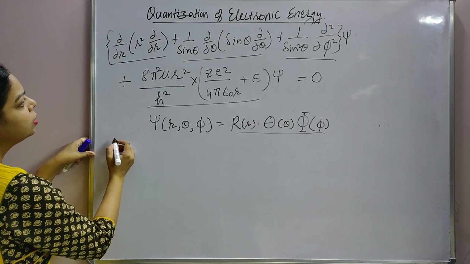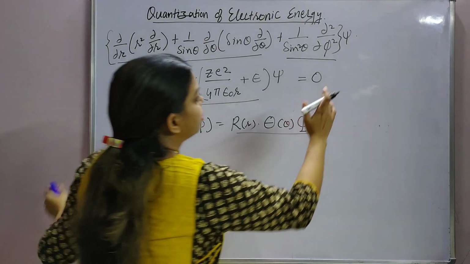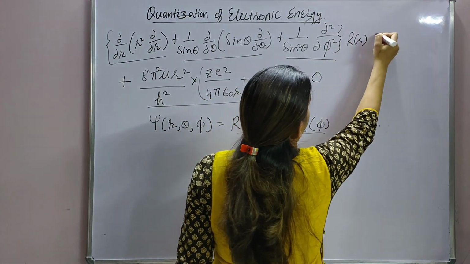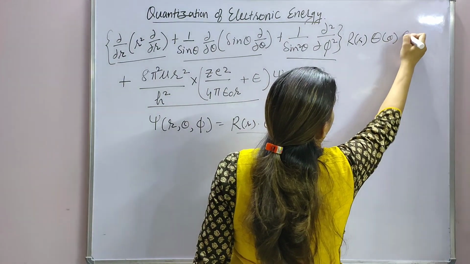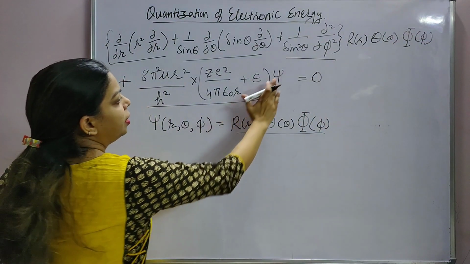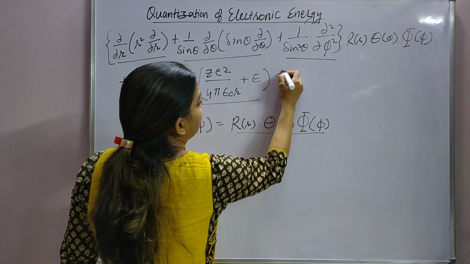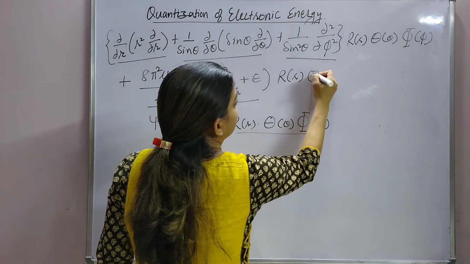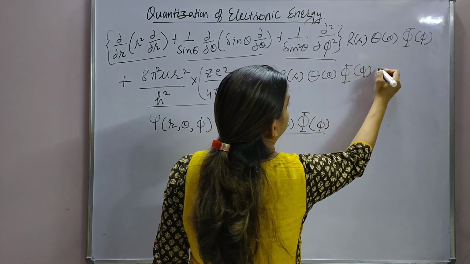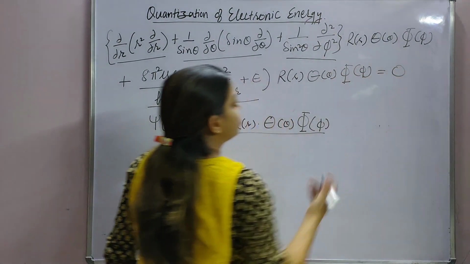So we have, in place of psi, I will have r, theta, phi, and here also I have r, theta, phi is equal to 0.